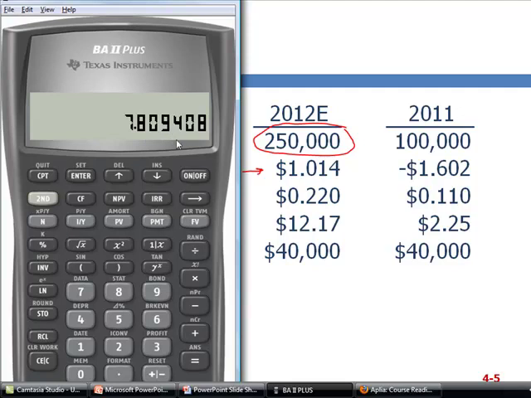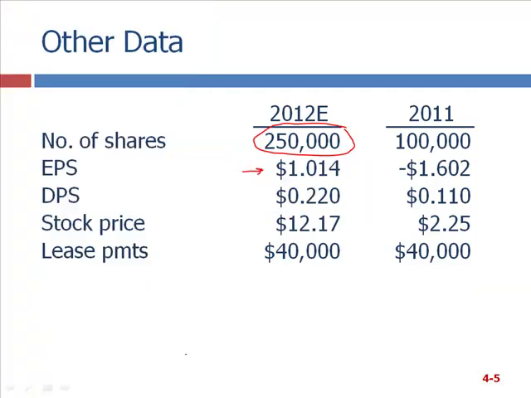$7.81. So now if you take that $12.17, that's the market price of a share, and divide by the $7.81 per share that theoretically it should be worth on the books, then you get a ratio of about 1.56, a little over 1.5.